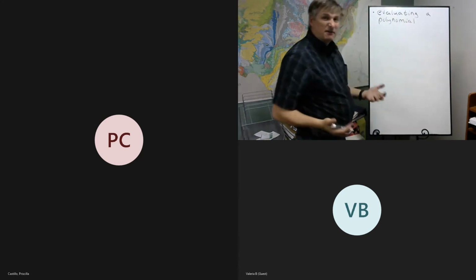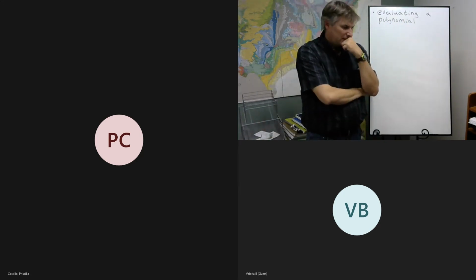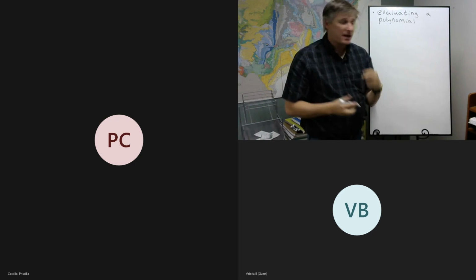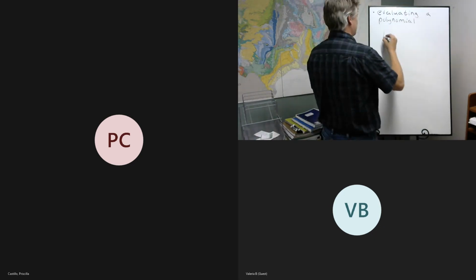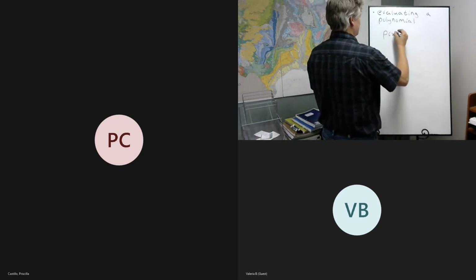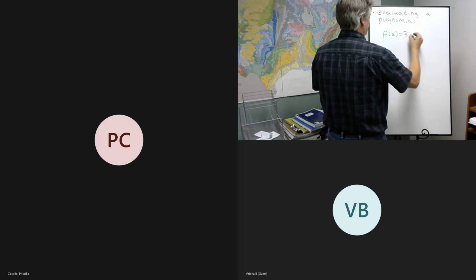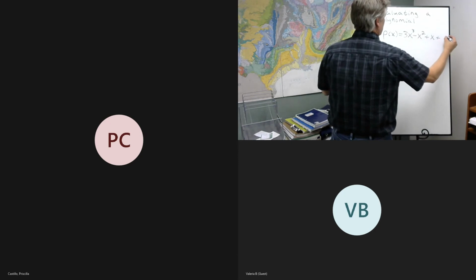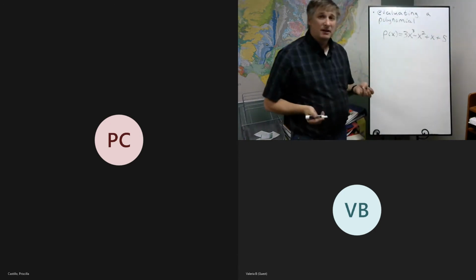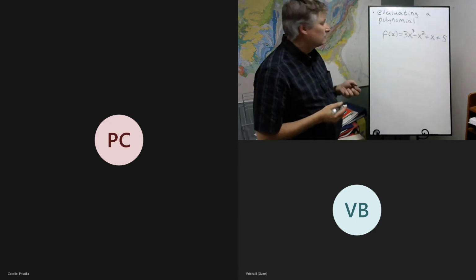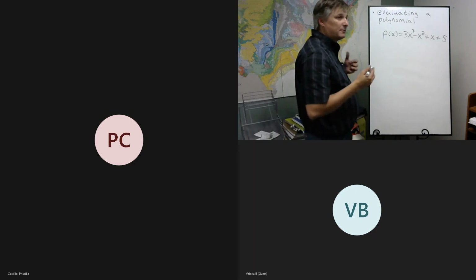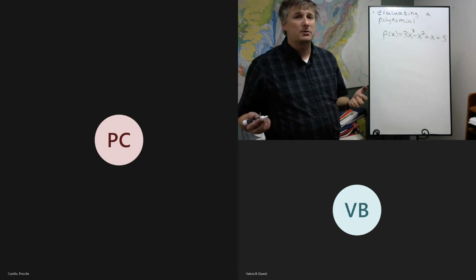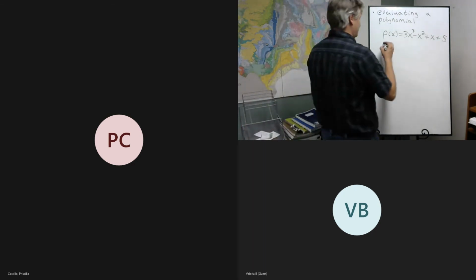Now, we've seen this a little bit before. We've worked with, say, f of x. So if we have p of x, let's say a p of x like this. Well, to evaluate a polynomial, let's say we want to know the value of the polynomial at x equals 2.